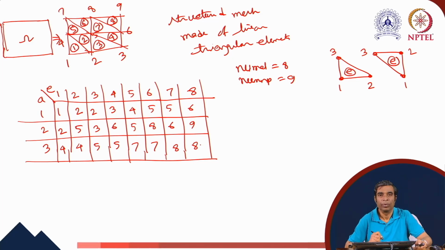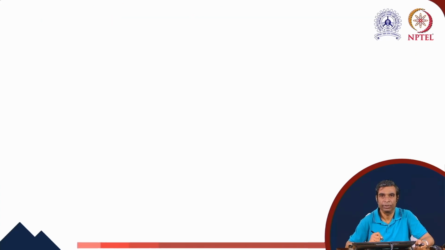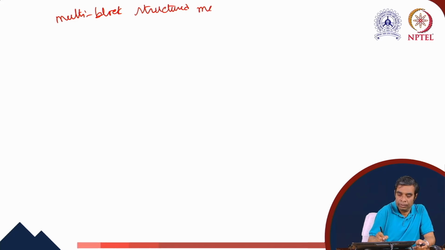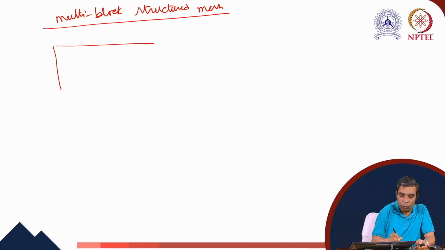Now, we illustrate a simple case of a multi-block mesh in structured mesh. Multi-block structured mesh. Let us consider the flow past a square cylinder, flow past a square object.